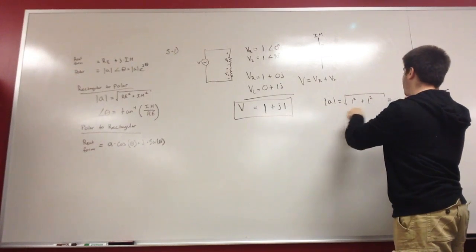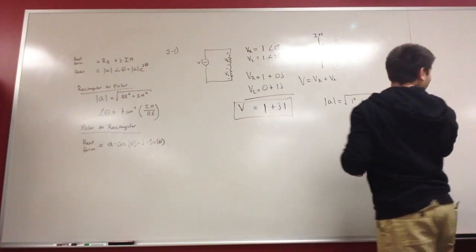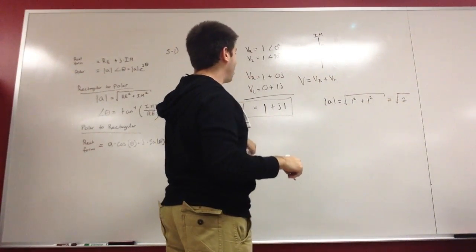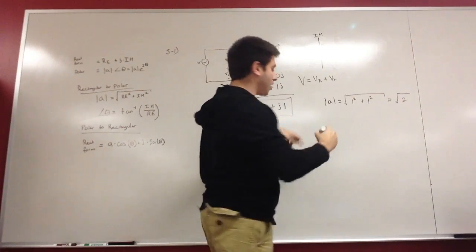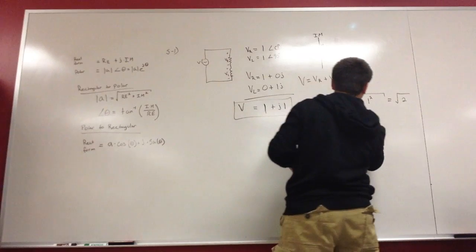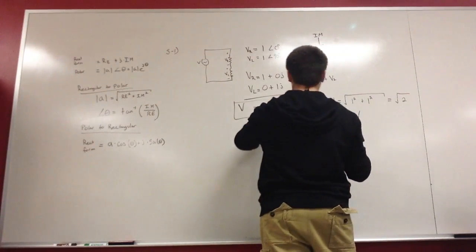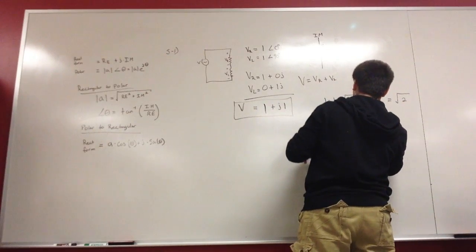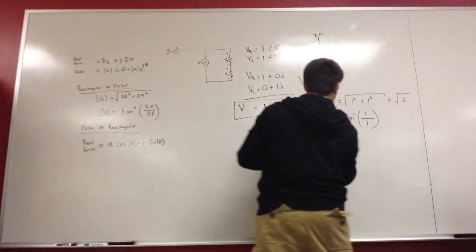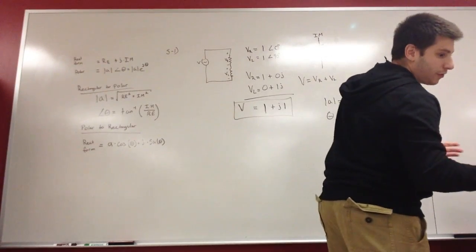So this gives us the square root of 2 for our magnitude A. Alright, I'm getting close to the edge. Our theta then is equal to the inverse tangent of our imaginary component, which is 1, over our real component, which is 1. This gives us a phase of 45 degrees.